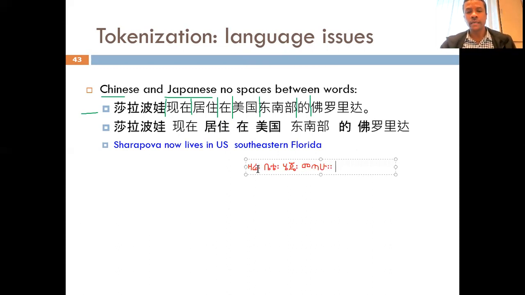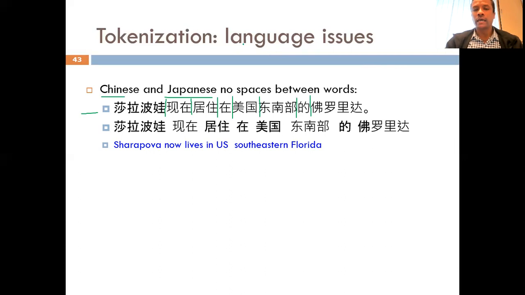So in this case, we know that the two dots is the word delimiter. If we write it in such a way, even without a space, it causes no problem. We know that the setup of the keyboard allows us to use a space instead of the two dots for the word delimiter. But if you write it in such a way, this is also perfect. So in this case, to split or to tokenize a sentence, you have to use the two dots as a delimiter, and that's perfectly fine.